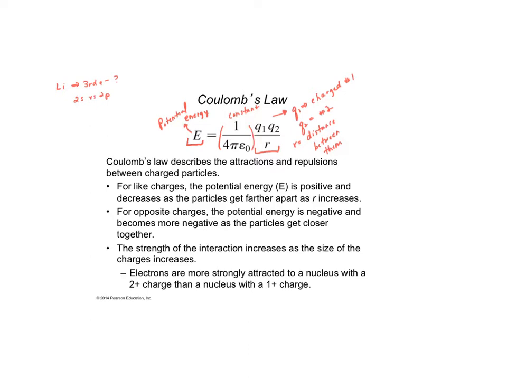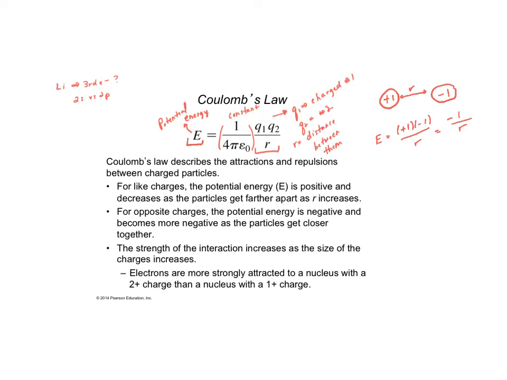Consider a proton, which has a +1 charge, and an electron, which has a -1 charge, with a distance r between them. If we plug this into Coulomb's law, E is equal to, ignoring the constant because it always is there, +1 times -1 over r. So overall, this is -1 over r. This is going to be a negative number, which is good. It's a lower potential energy.